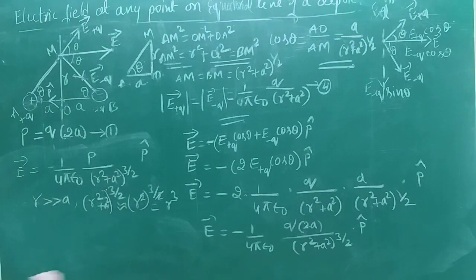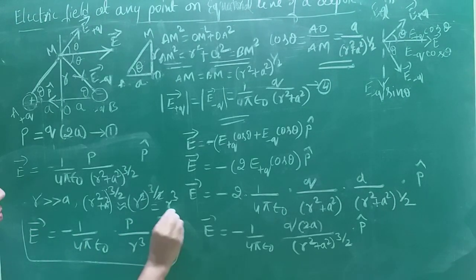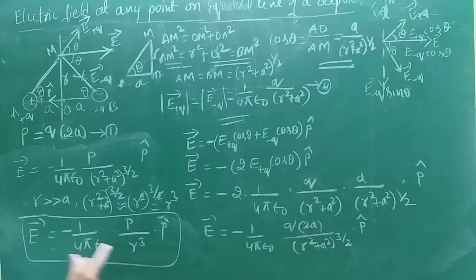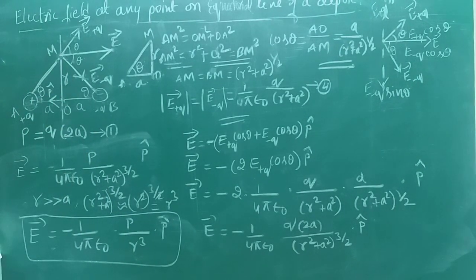Now we can substitute R cube. Therefore vector E is equal to minus 1 by 4 pi epsilon naught into P divided by R cube, into p cap. This is the expression for electric field at any point on the equatorial line of a dipole.